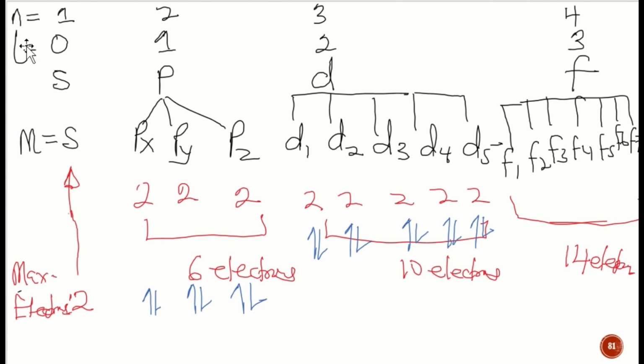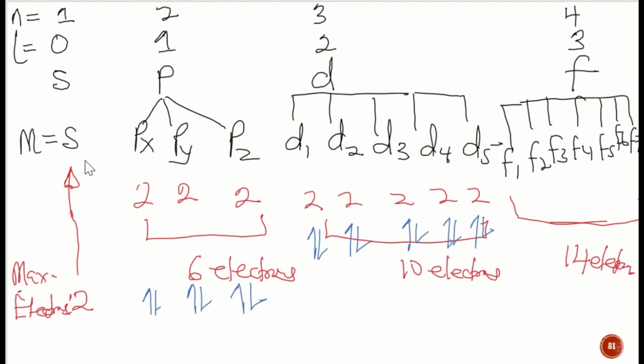Now, if I have L to be 1, which denotes the p orbital, for my magnetic quantum number I will have px, py, and pz. If I have L to be 2, which denotes the d orbital, I will have d1, d2, d3, d4 to d5. But if I have L to be 3, which denotes the f orbital, it will be from f1 to f7.